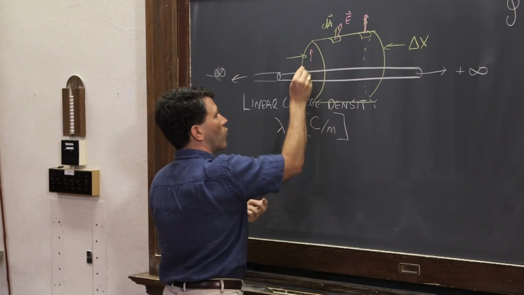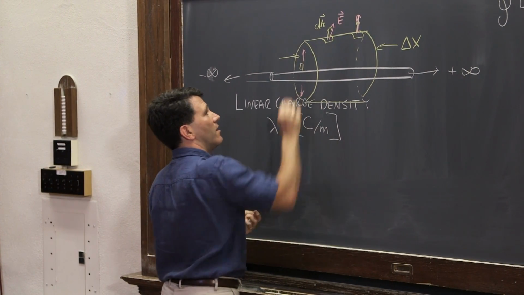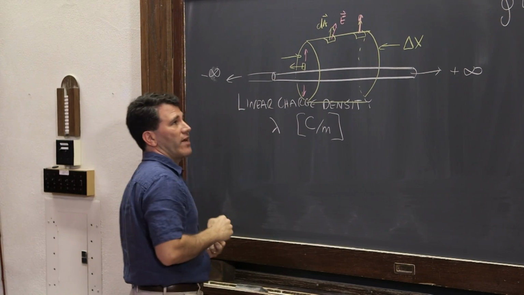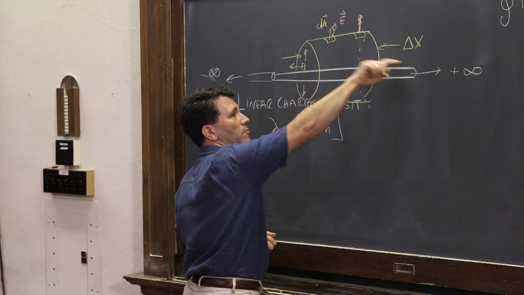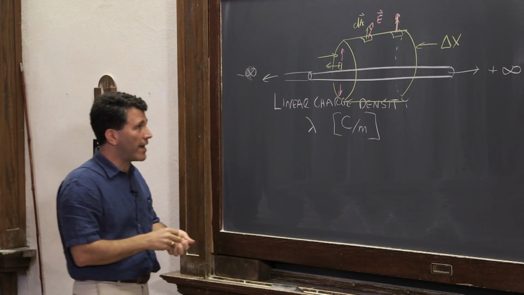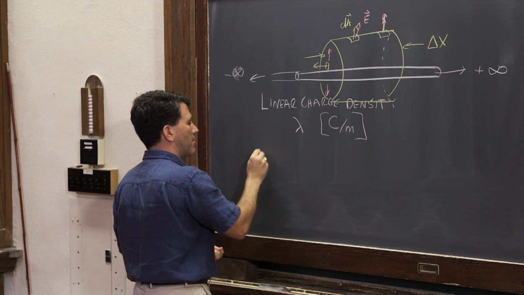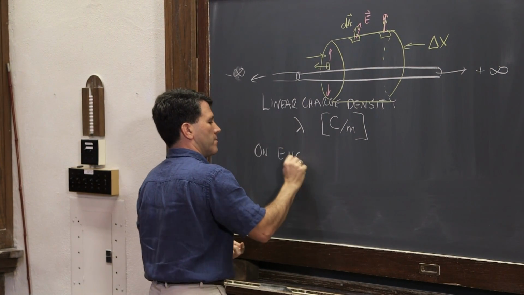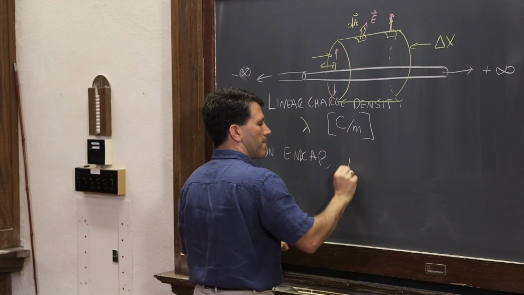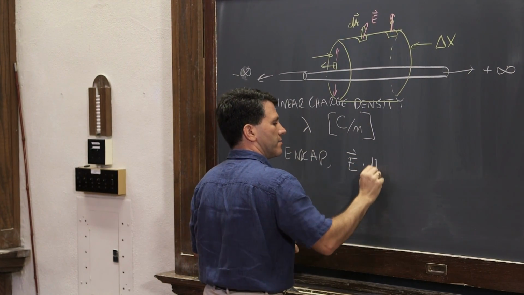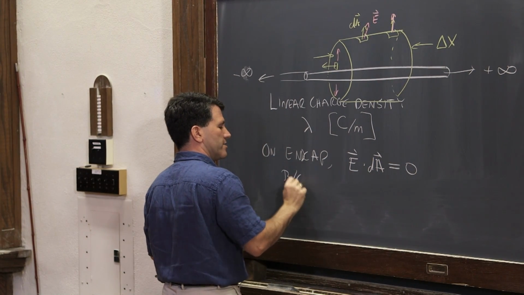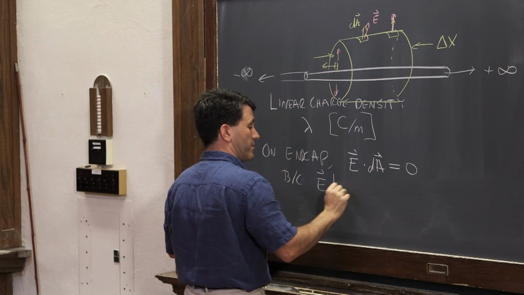And our little surface normal for a little patch of area on one of these end caps is going to be pointing, in this case, in the negative x direction. If we were on the other side, it would be pointing in the positive x direction. And we can just look at this and see by inspection that on the end cap, E dot dA is 0 because E is perpendicular to dA.